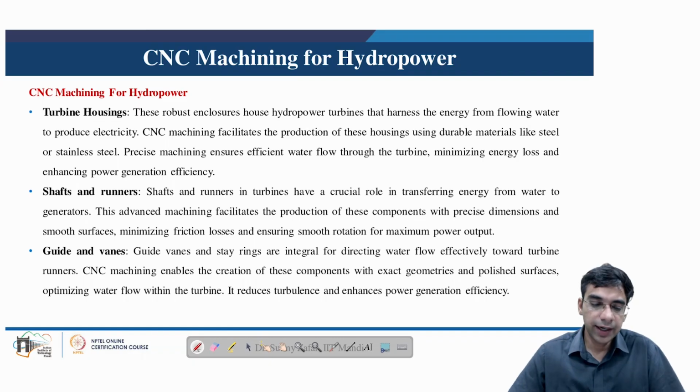In case of guide vanes, the guide vanes and steerings are essential to direct flowing water effectively towards the turbine runners. CNC machining enables creation of these components with exact geometry and polished surfaces, optimizing water flow within the turbine. It also reduces turbulence and enhances power generation efficiency.